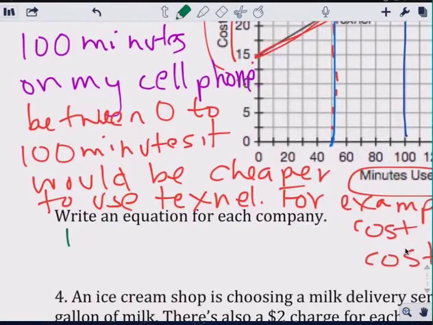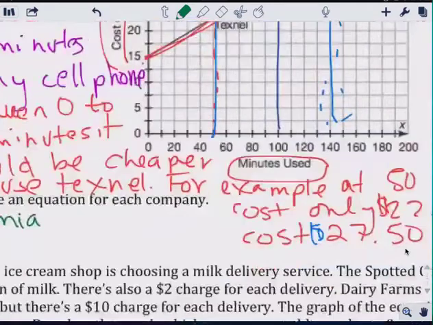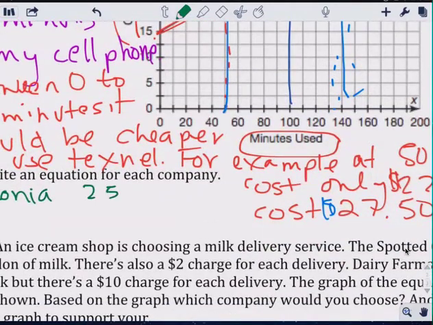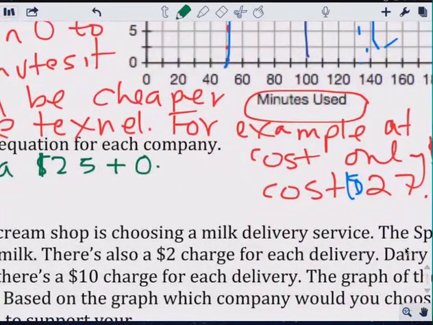Kanye is $25 per month plus 5 cents per minute. So it's $25 each month, it's not just that, but you add 5 cents each minute. Okay?